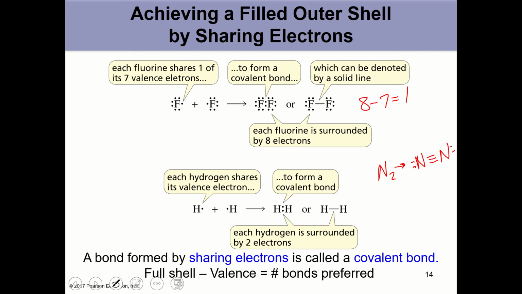For hydrogen, which is in row 1, the full shell is 2 electrons. That's the maximum number of electrons that we can have in row 1, minus valence, which is 1, and we get that it forms 1 bond. Doing that for nitrogen, the full shell is 8 electrons minus valence of 5, and so we form 3 bonds.